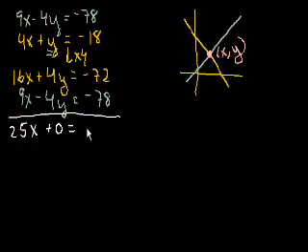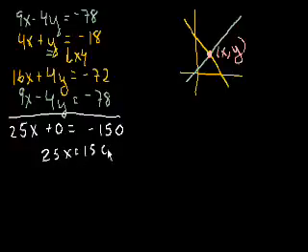That's minus 150. We're just adding them all together. So we have 25x equals minus 150.